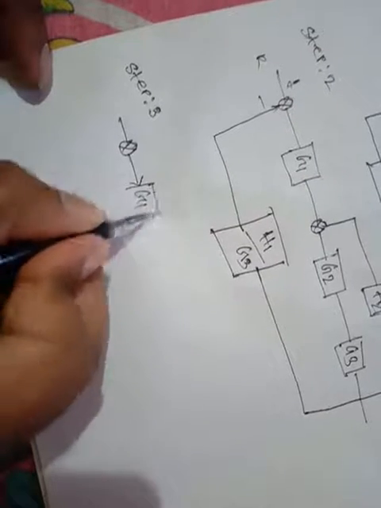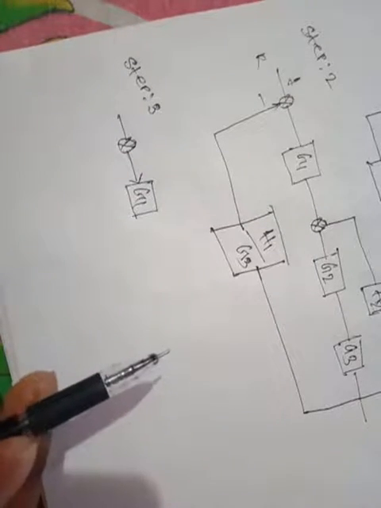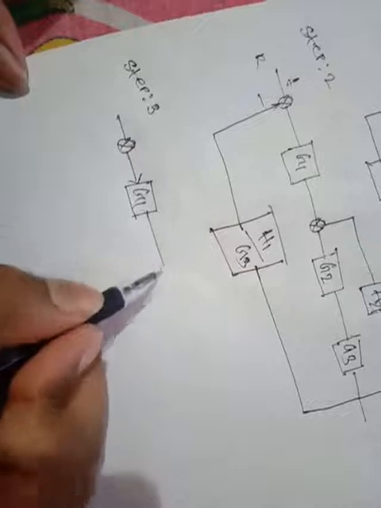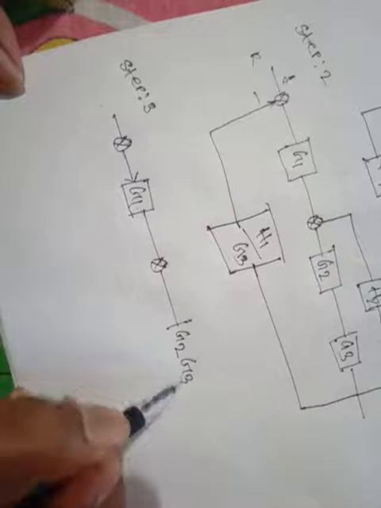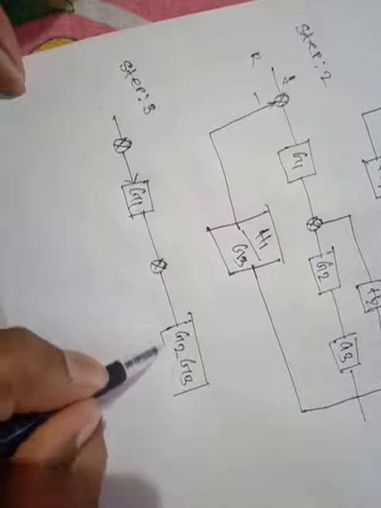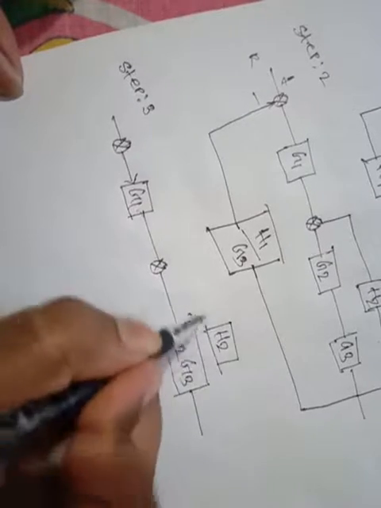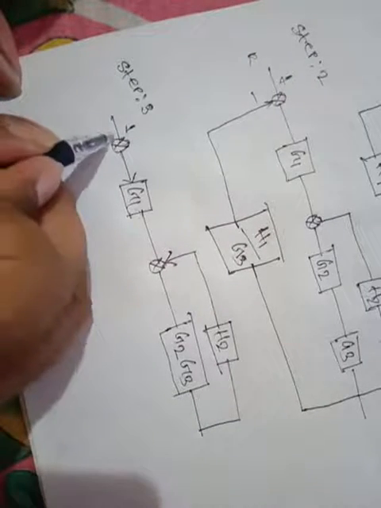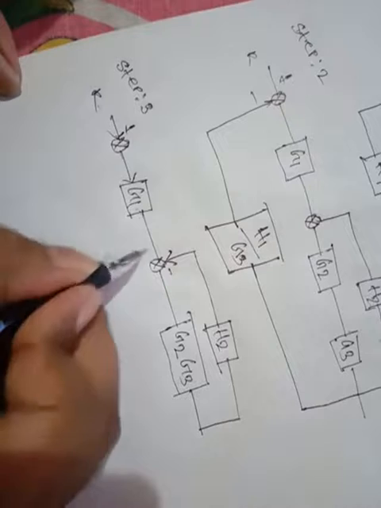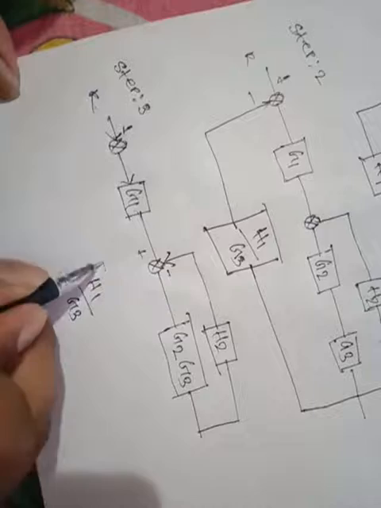The transfer function is G1, and G2 and G3 multiply, because they are connected in series. The summing point, G2 into G3. This is plus R, it is plus H1 by G3 connected to here.